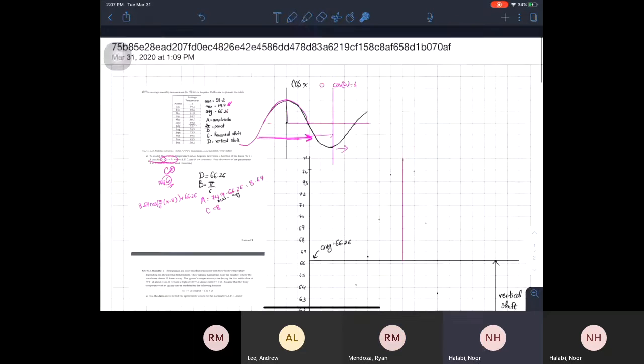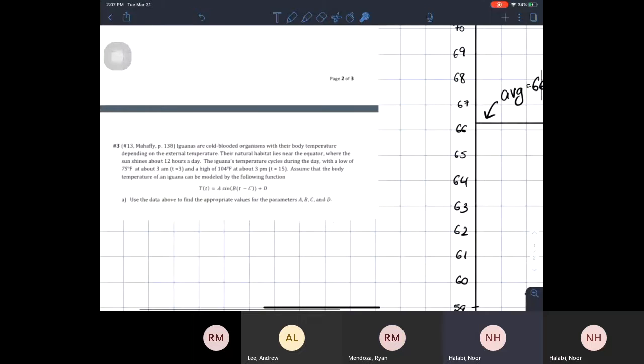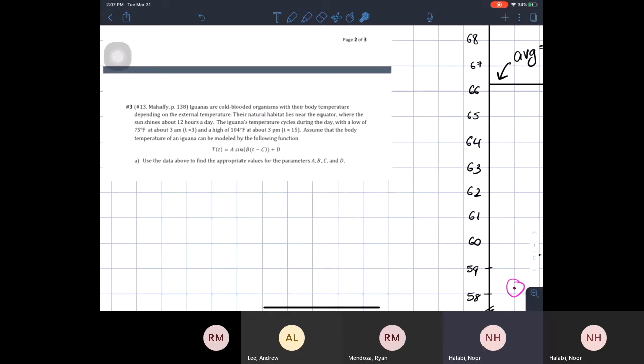for this problem, they were talking about iguanas. Iguanas are cold-blooded organisms with their body temperature depending on the external temperature. Their natural habitat lies near the equator, and the sun shines 12 hours a day. The iguana's temperature cycles during the day with a low of 75 degrees Fahrenheit at about 3 a.m., or t equals 3, and 104 degrees Fahrenheit at about 3 p.m., or t equals 15.